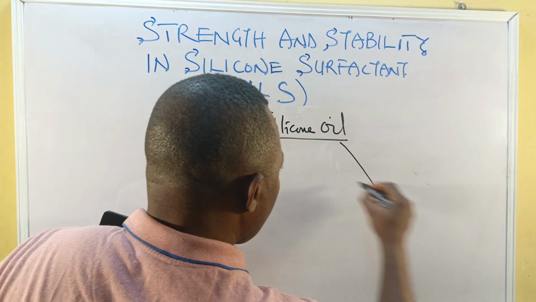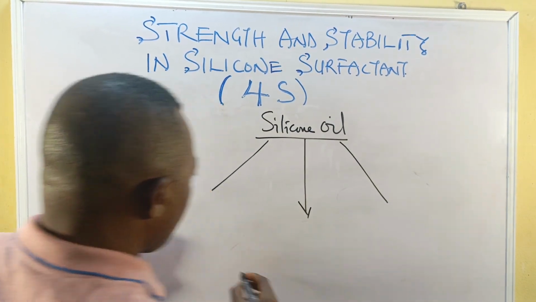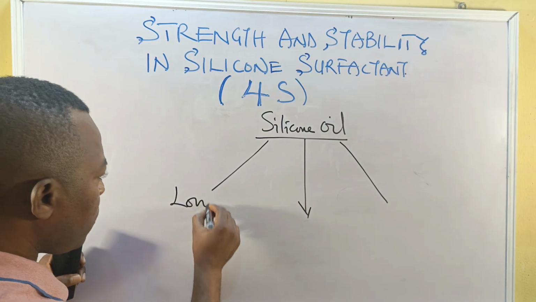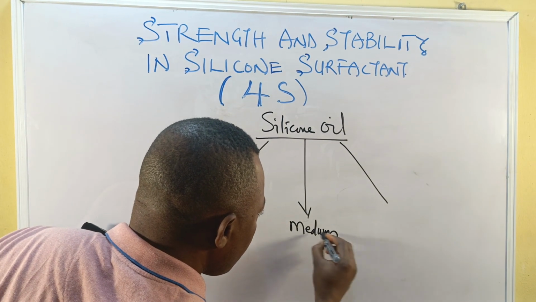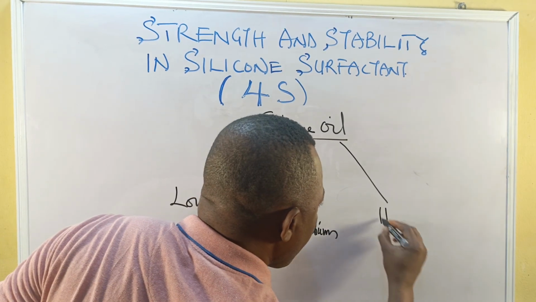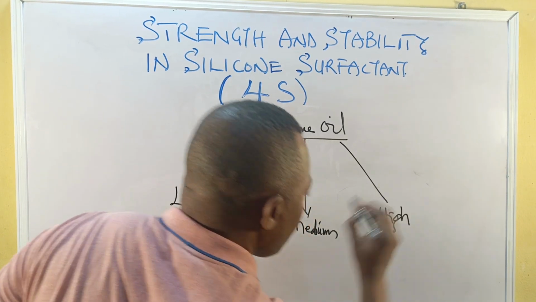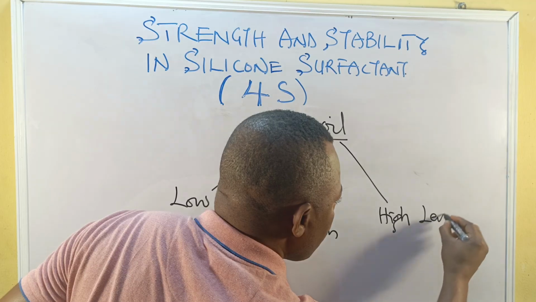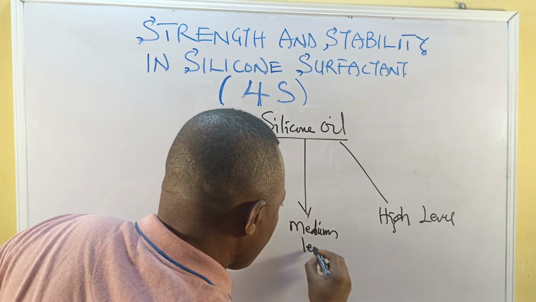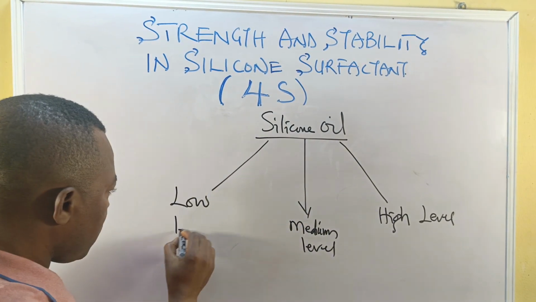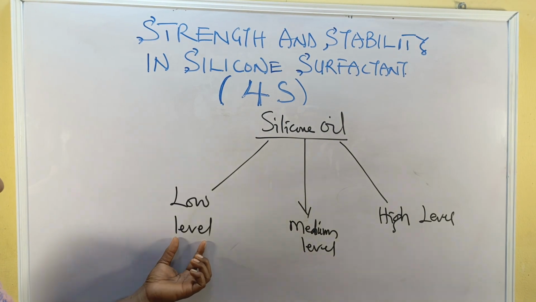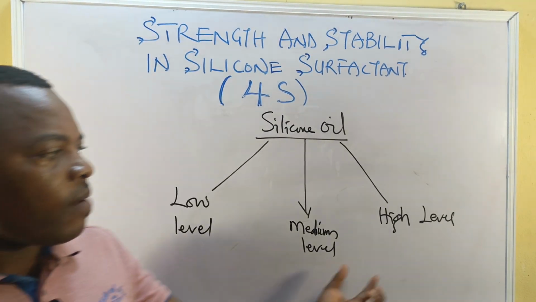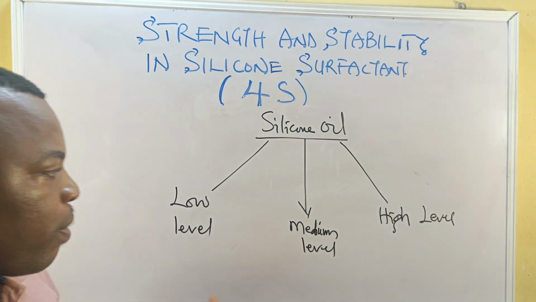We have low, we have medium, we have high level. Now, when we say level, we are looking at it in terms of performance, structure, and the chemical composition.